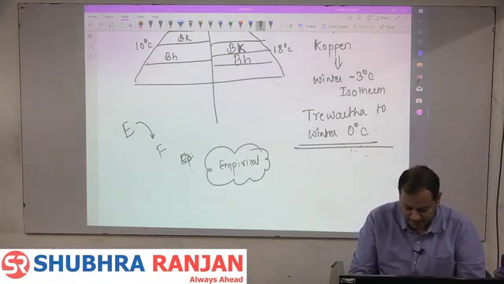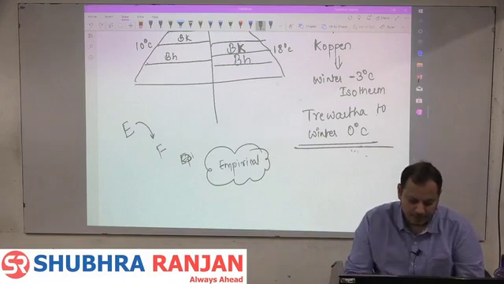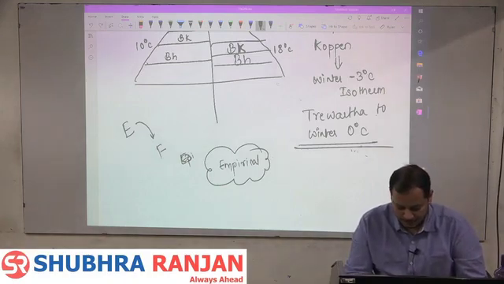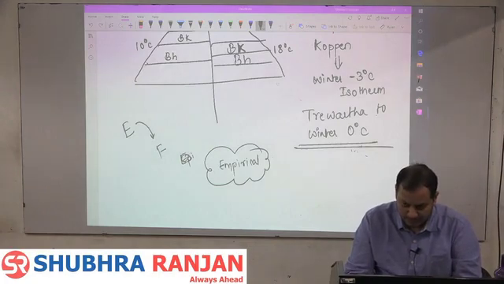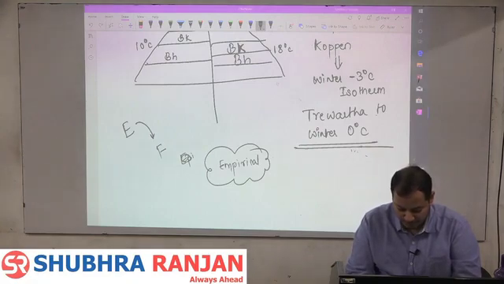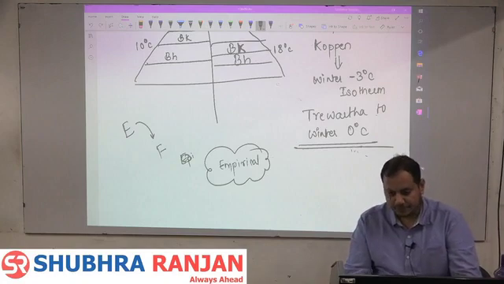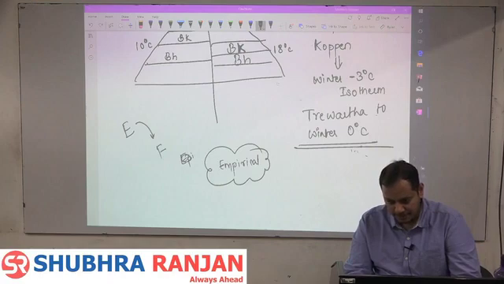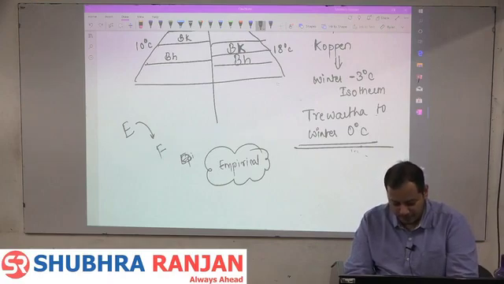But the Trevartha's classification, underline this entire statement, is a compromise between purely genetic and empirical classification. Full stop.